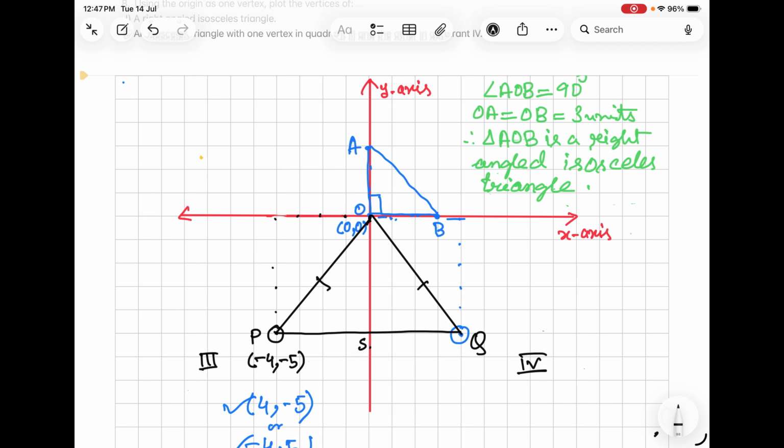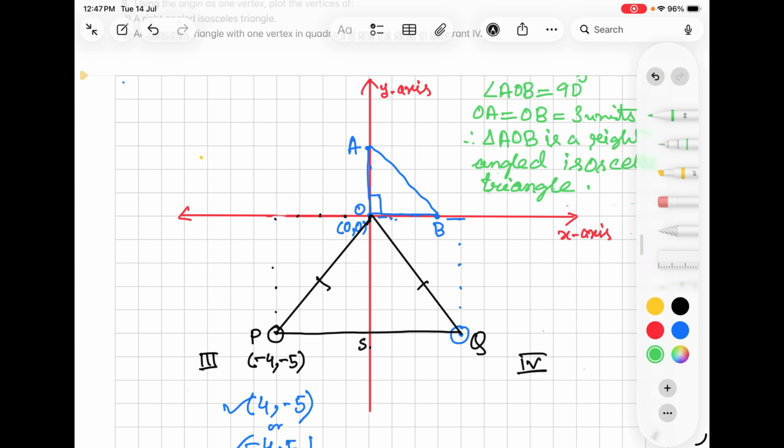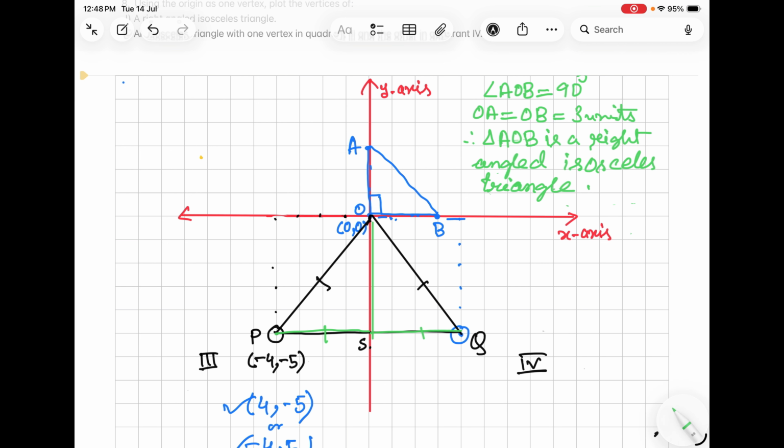Because P and Q are mirror images of each other, so the distances PS and SQ are the same, and OS is the common perpendicular. So by congruence we can say that OP equals OQ. That's why OPQ is an isosceles triangle, because OP and OQ are the two equal sides.